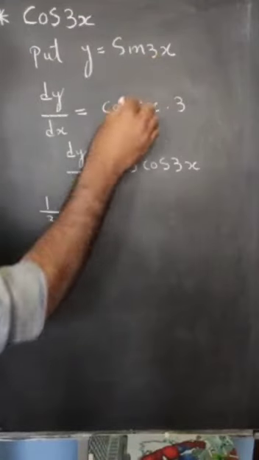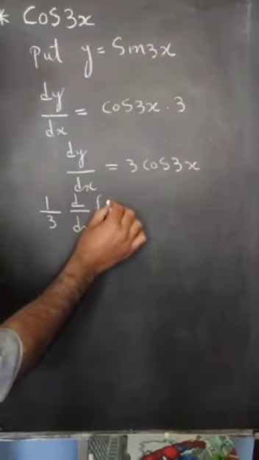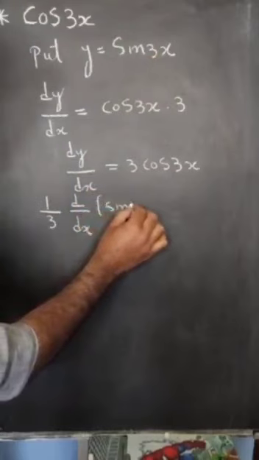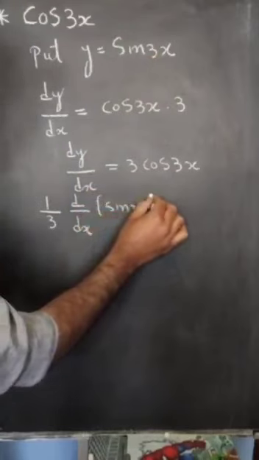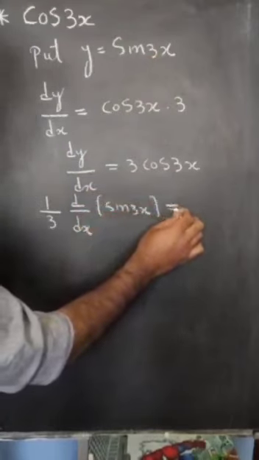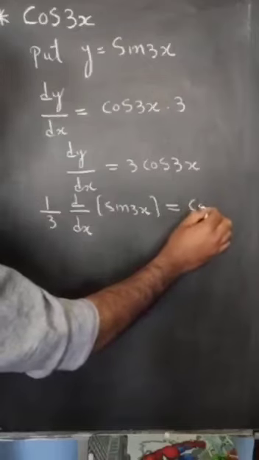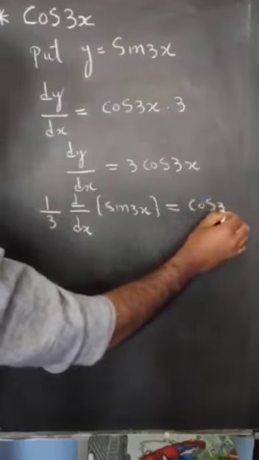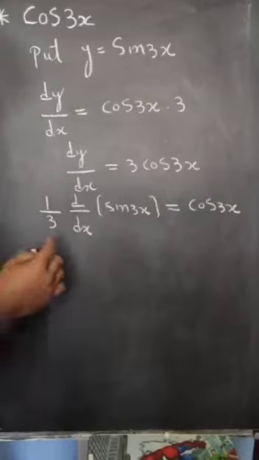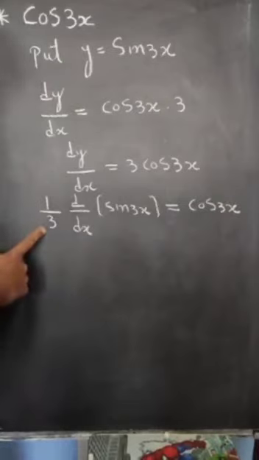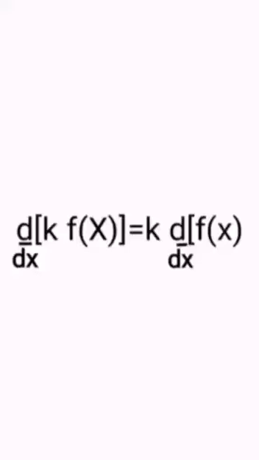Now y is equal to sine of 3x, so we write sine of 3x instead of y, that is equal to cos of 3x. Since this 1 by 3 is a constant, and we know that for some constant k, d by dx of k times f(x) is equal to k times d by dx of f(x).